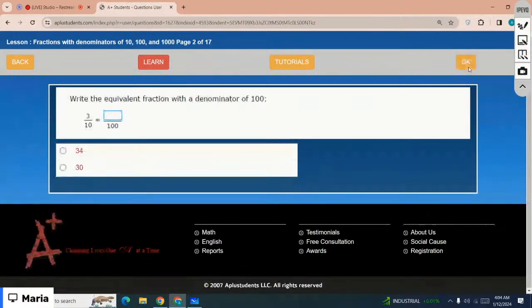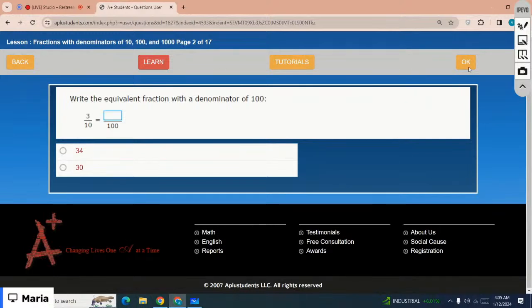Write the equivalent fraction with a denominator of 100. So which is the correct option? 3 over 10 equals the missing number over 100. So which number is missing? Basically, 10 times 10 makes 100, right?